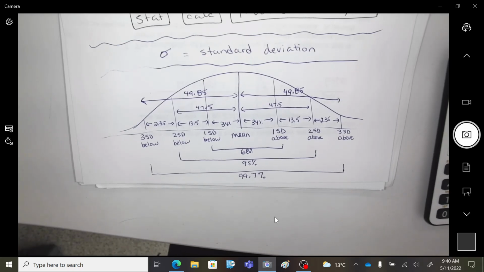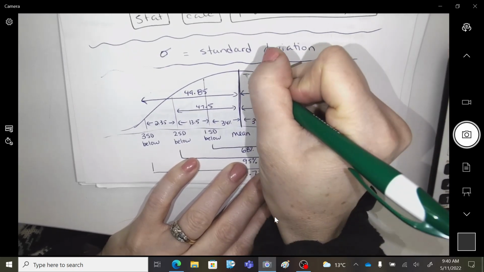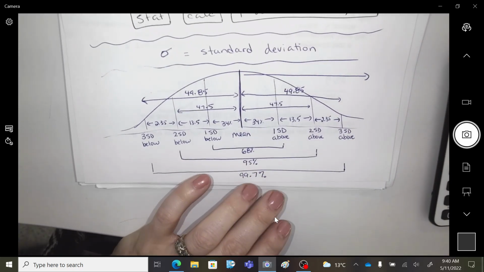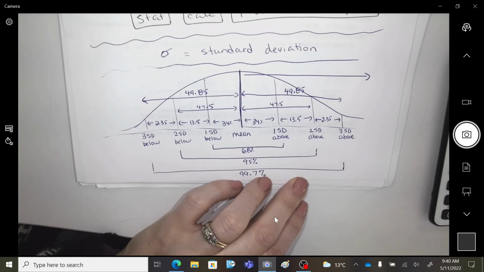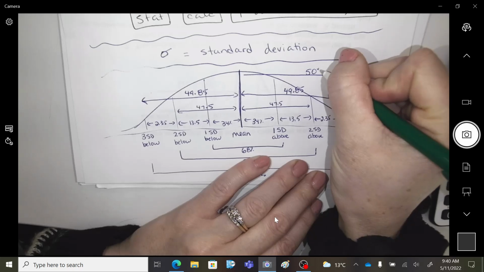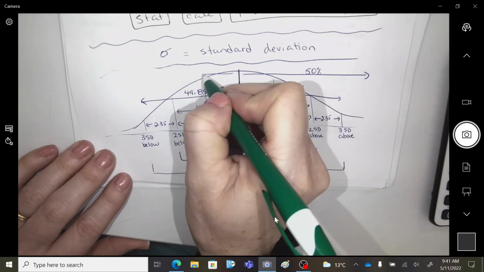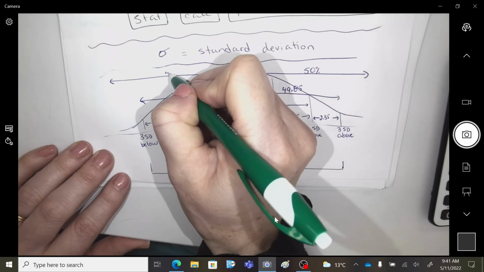Now what did we say here? From the mean, how much is just completely over the mean? From the mean up is how much? 50% is over. 50% is under.